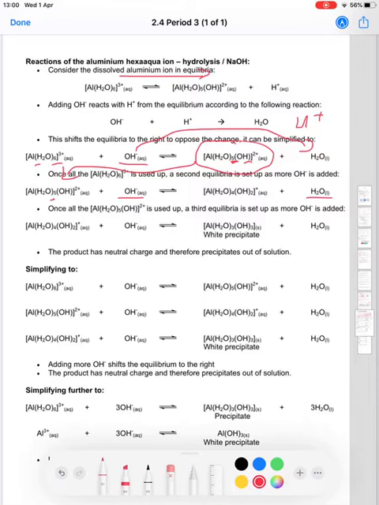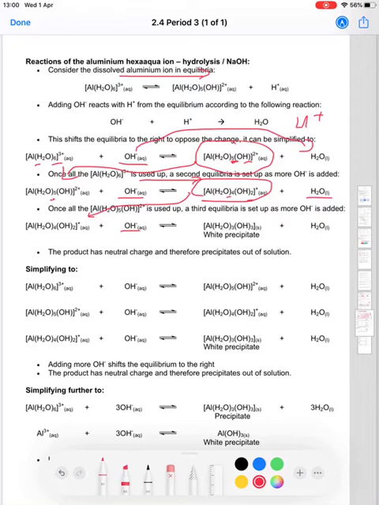So one of the waters there has now been removed, and we've made another hydroxide there. And then as we continue to add the hydroxides, that equilibrium keeps shifting all the way over to there until I've only got this, and then that can happen again.